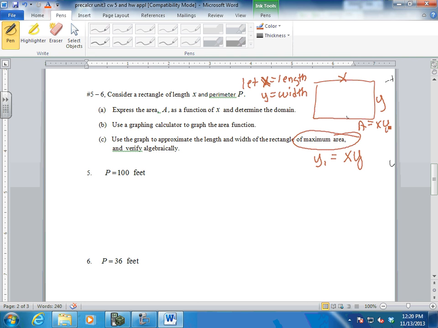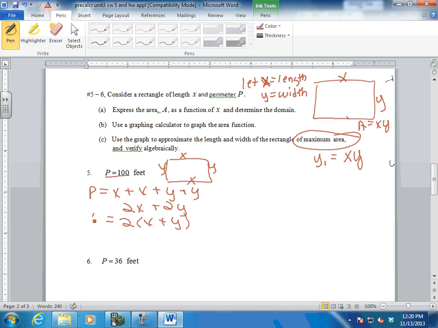Right now, they're going to tell us you have 100 feet of fencing to use to do this. So let's just lay this out. 100 feet, x and y. So my perimeter is equal to x plus x plus y plus y. True? So can we condense this down? We'll make it 2x plus 2y. Can we factor out a 2, make it a little bit easier?